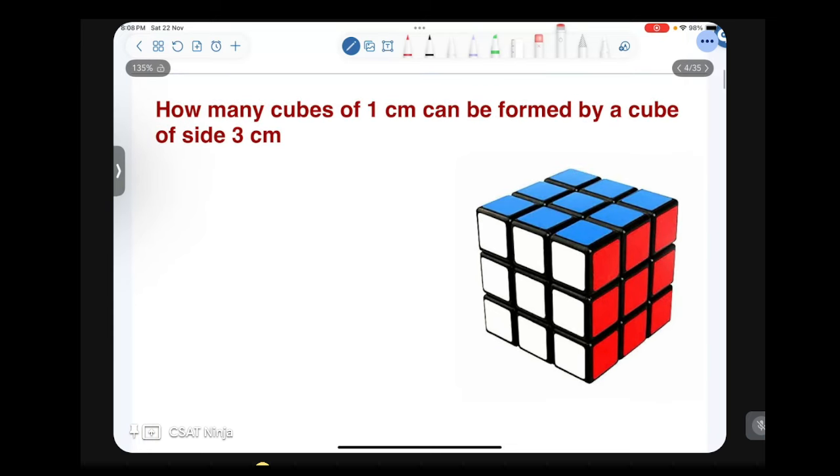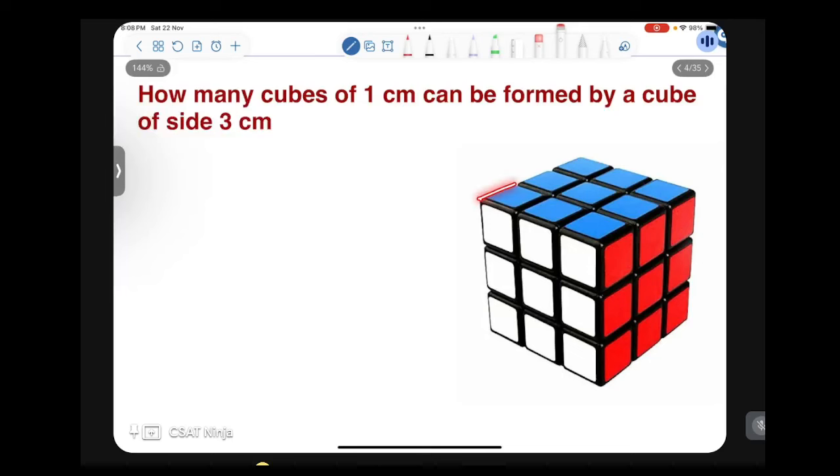We have a cube here. How many 1 centimeter cubes? We have a cube here which is 3 centimeter in side. That means we have one, two, three. We have 3 centimeter side, from here till here.